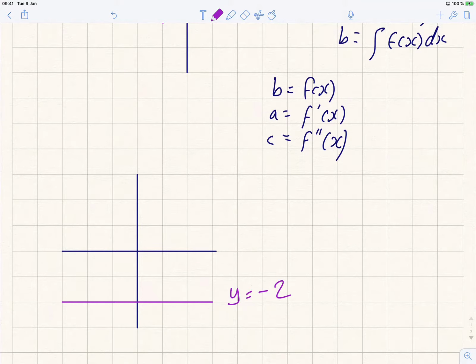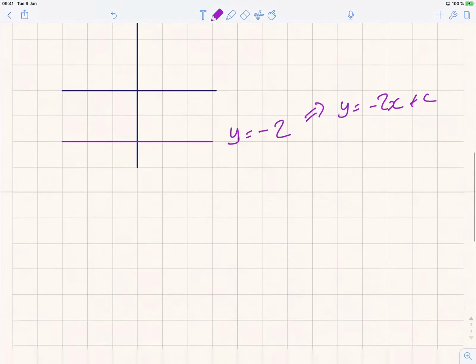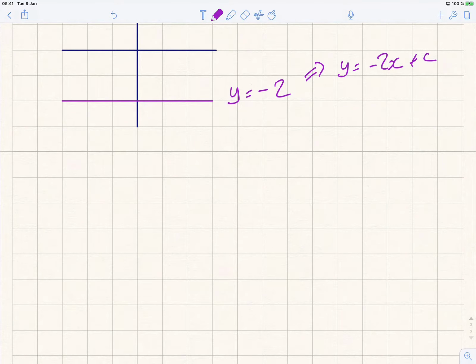You would integrate that, and you would get something like y is equal to minus 2x plus a constant, and then you'd have to integrate that again to get a curve, and integrate that again to get a cubic from the quadratic. But what if I said, what are the zeros?